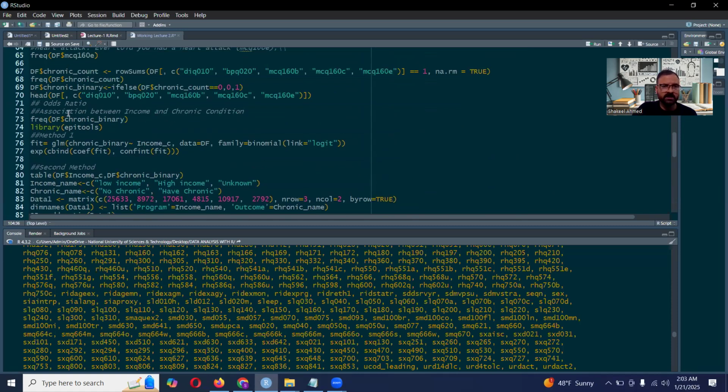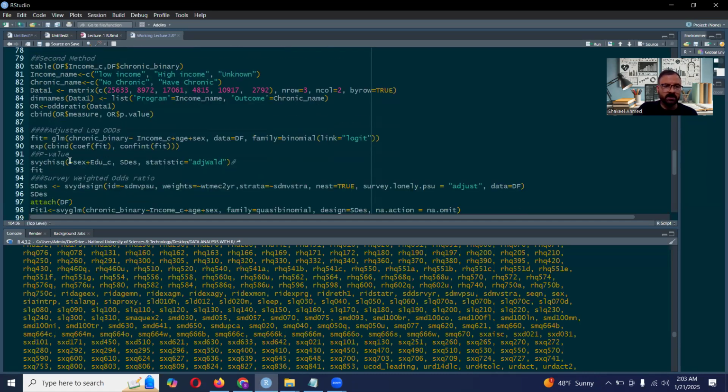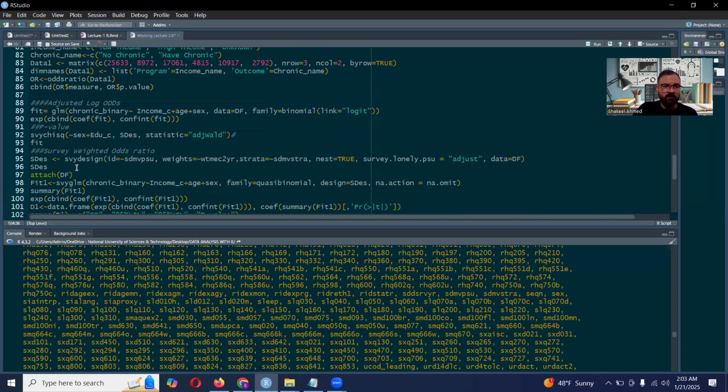We will get the odds ratio for unweighted analysis using the glm command, simple. And when we have weighted data, then we need to use svyglm, that is survey weighted, and that is used for survey weighted data. So let's start with survey weighted data.